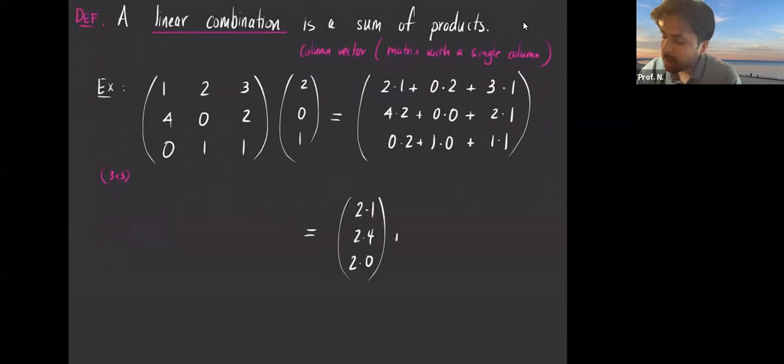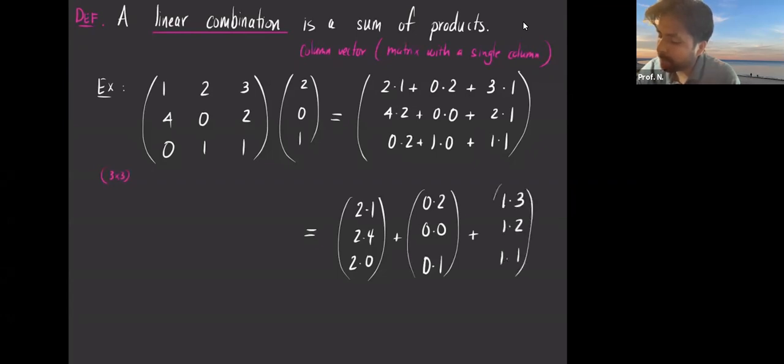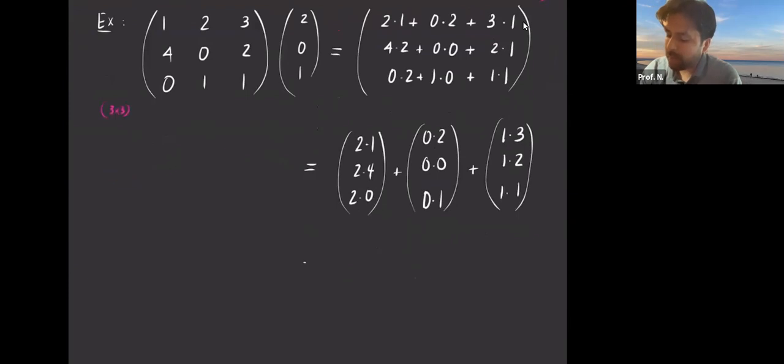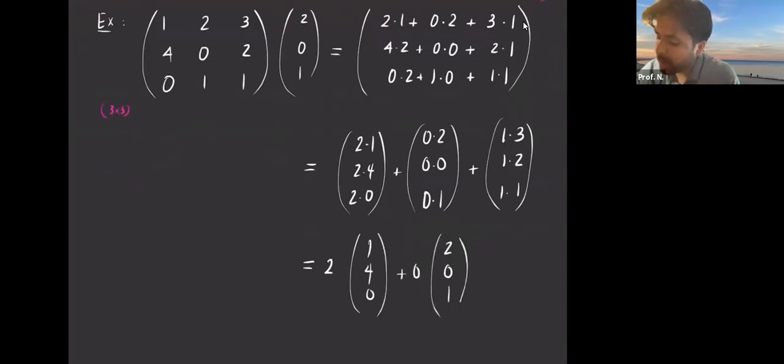This is a column vector plus 0 times 2, 0 times 0, 1, 0 times 1. It's another column vector, and this is the last one. 1 times 3, 1 times 2, 1 times 1. And then I'm just rewriting this in a way that looks like the following. So it's 2 times the column vector 2, 1, 0 plus 0 times 201 plus 1 times the column vector 321.